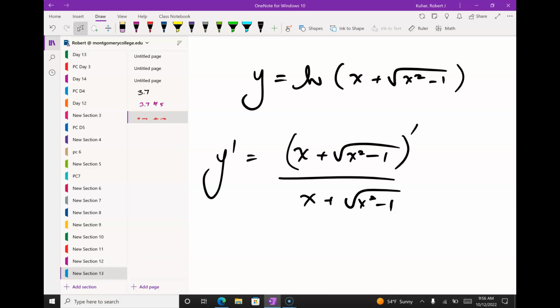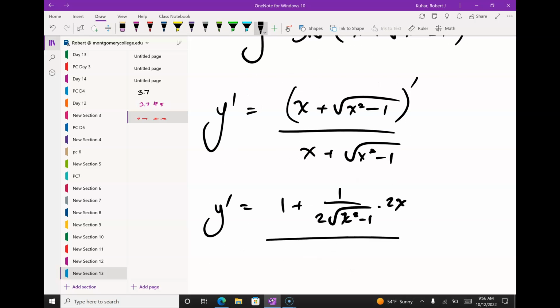Good. So what happens upstairs? Derivative upstairs is 1 plus 1 over 2 square root of x squared minus 1 times another 2x. Everybody okay here? Make sure everybody's okay here.